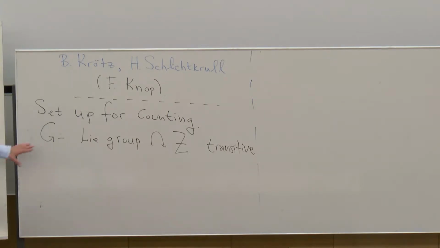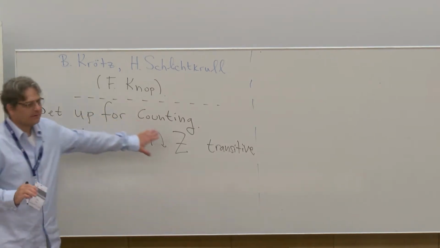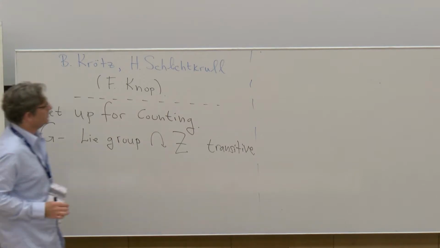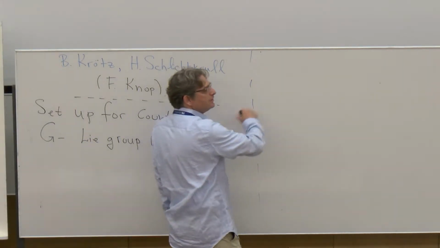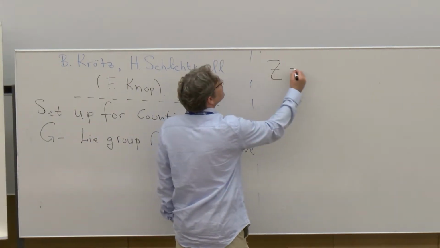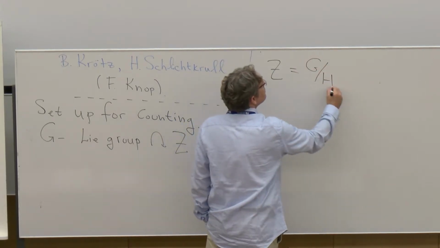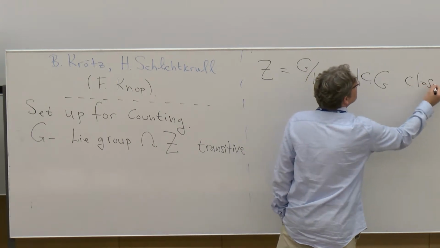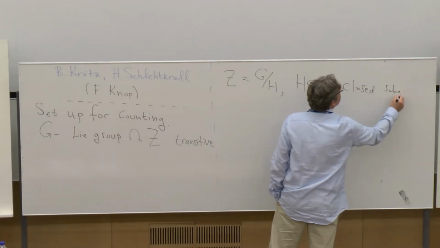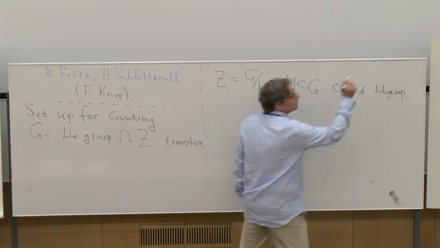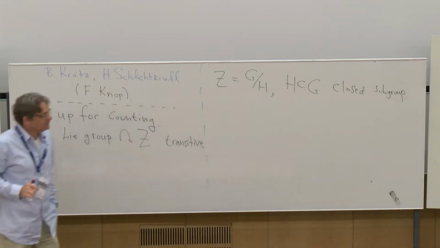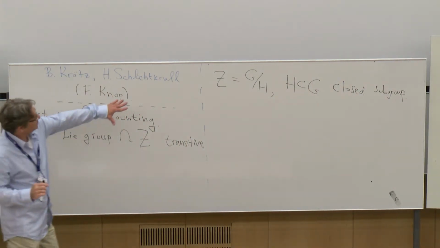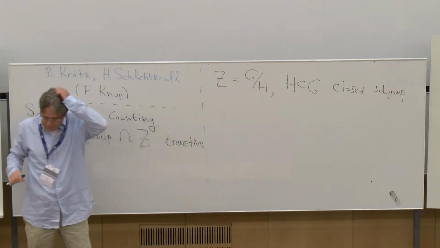Usually smart people work with a group acting on a space. More pedestrian people would, in a transitive case, write Z as G mod H, where H is some closed subgroup. But this is the general setup, and our aim is to count points in Z.